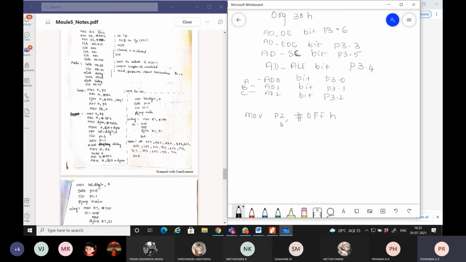After that, what we need to do? We have to send the start of conversion pulse.